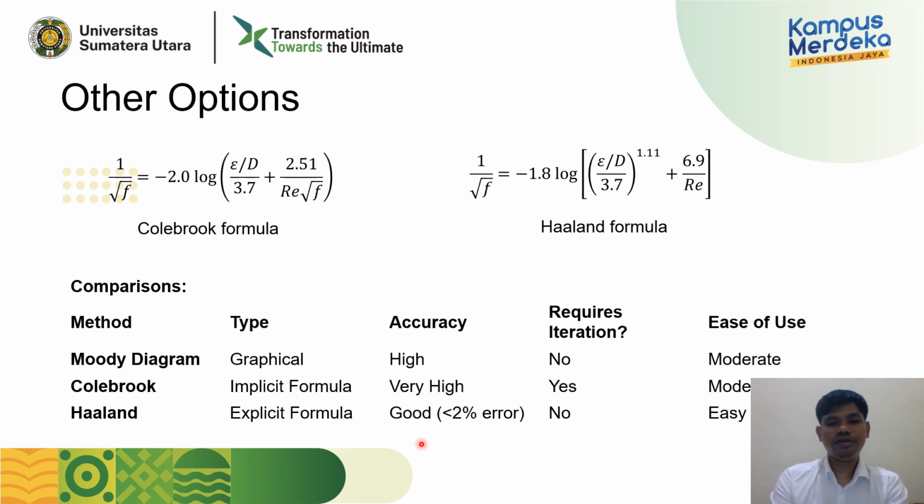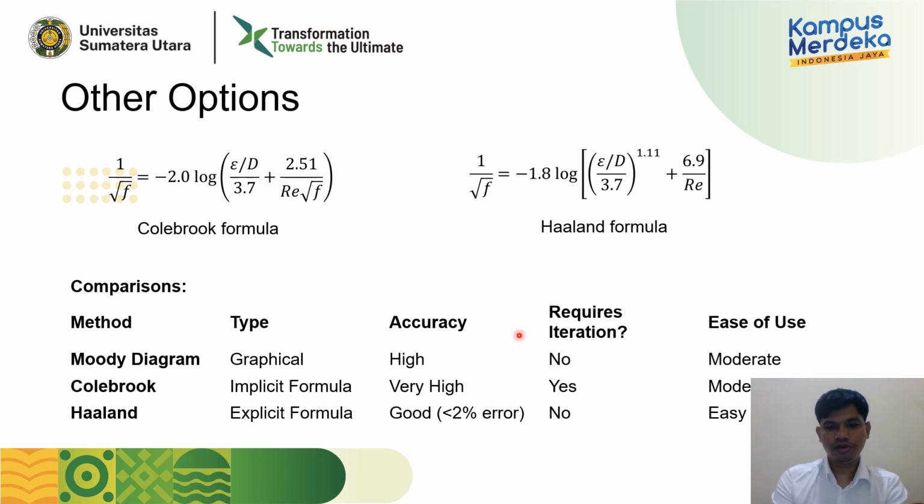If you talk about the accuracy of these three methods, the Moody diagram is very accurate. Colebrook has very high accuracy, but Haaland is good, not bad actually, but not as accurate as the Moody and Colebrook methods. The Moody diagram doesn't need iterations.